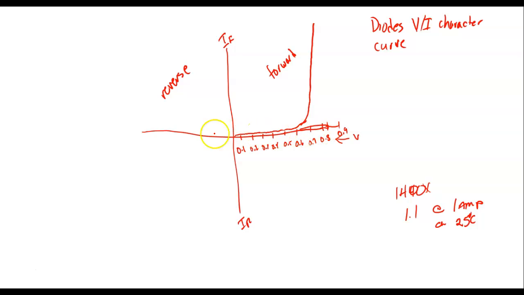On the horizontal axis, these are volts. Now over here on this side, it's going to really go up, because this is the reverse characteristics. Over here we're indicating what we call the breakover voltage.